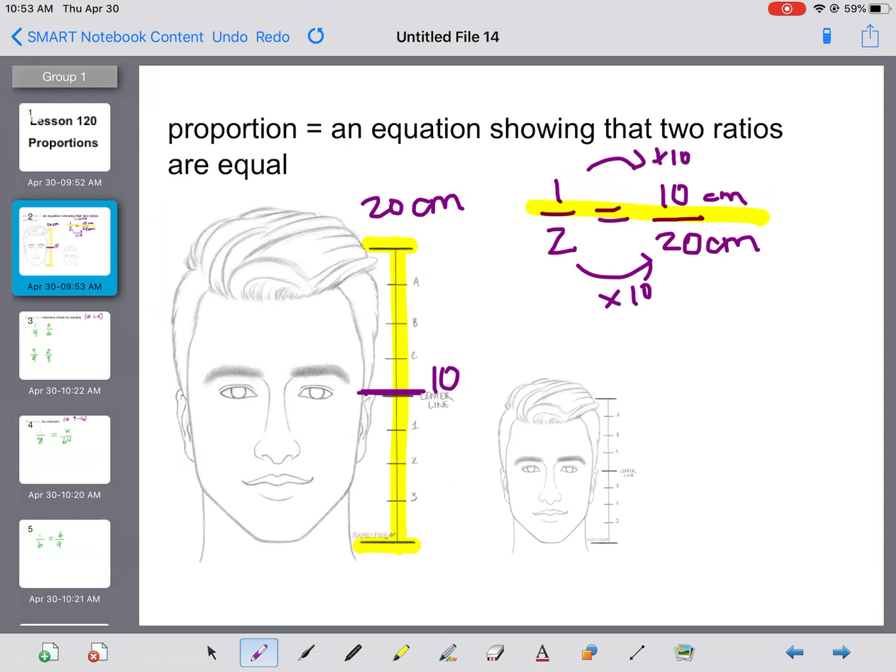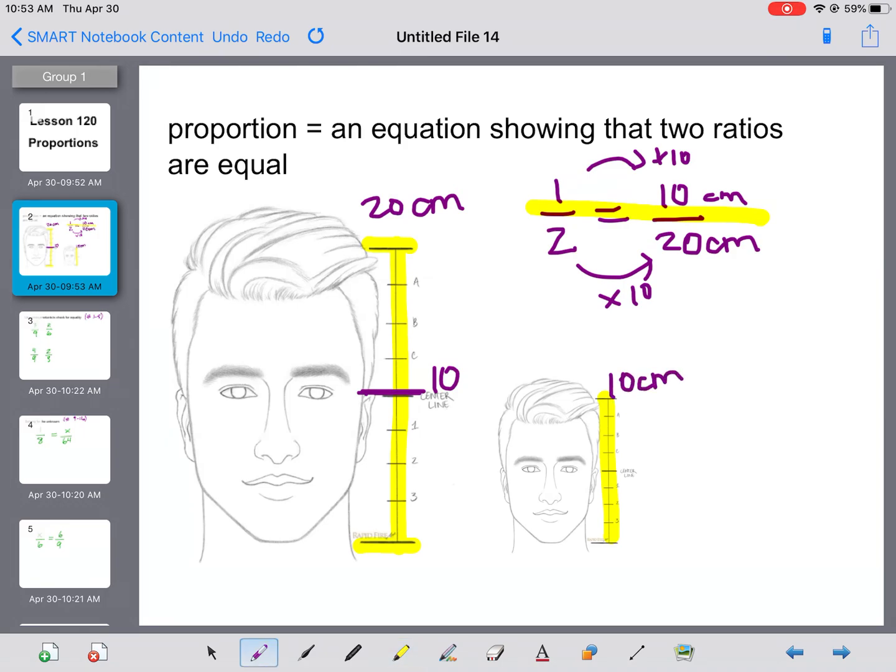Now, if you're drawing a head, you're not usually drawing it true to life size. Quite often you'd be drawing it a little bit smaller. So let's say you wanted to draw a head that was 10 centimeters tall on your piece of paper, and you need to figure out where those eyes need to go.